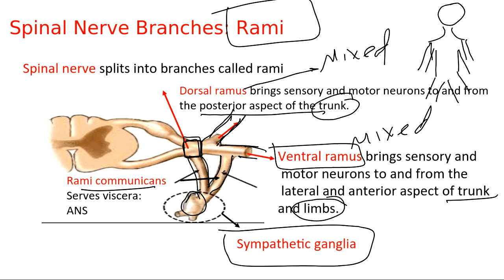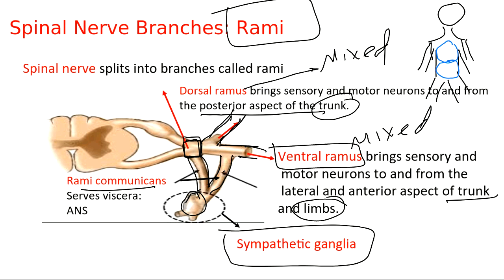What you have not taken care of is the viscera, all the organs in the thoracic and abdominopelvic area. As far as what we've seen, nothing goes back and forth to the organs. Most of the sensory aspect of the organs, meaning interoceptors, is going to be served by cranial nerves.